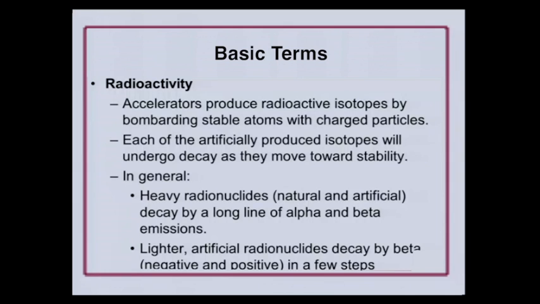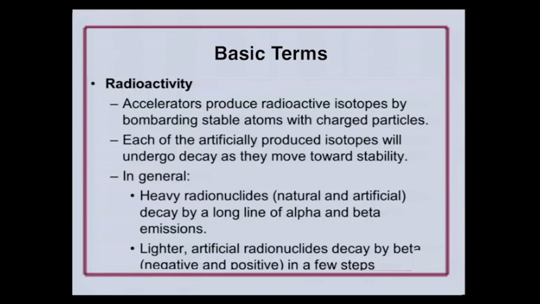diagnostic possibly. But in general, what we can say is that all of the artificially produced radioactive isotopes will move somewhere towards stability. They'll undergo radioactive decay and the emission of particles or energy and attempt to ultimately reach stability. In general, what we can say is that heavy radionuclides, both natural and artificial, decay by a long line of alpha and beta emissions.